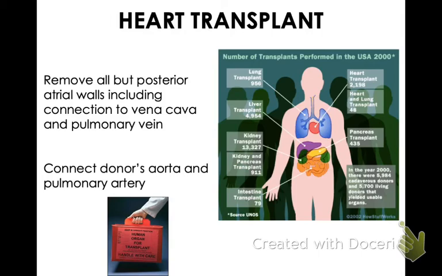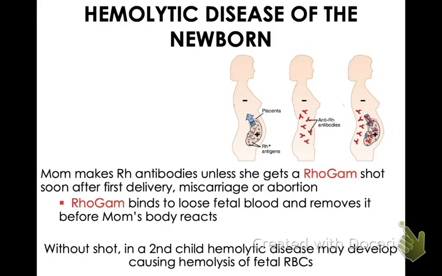They're going to take somebody's heart who has passed away, so a cadaver heart, and they're going to put it into the person who needs it, and they're going to reconnect all the arteries and all of the veins and then restart the heart. While you're getting your heart taken out, you're on what they call a heart-lung bypass, which is a machine that basically does the work of the heart and the lungs for you because your heart isn't connected to your lungs or to your body's circulatory system.